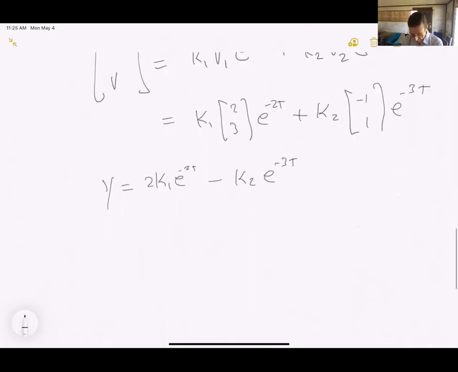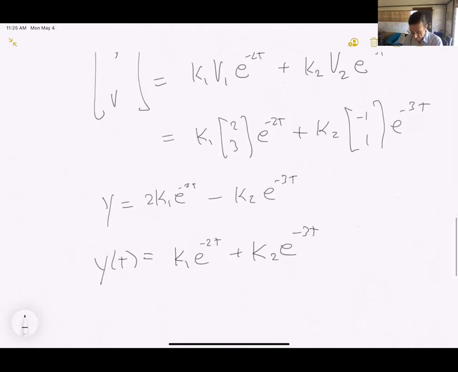So for the general solution, we don't even have to write the 2 and the -1. It's just some number k1 times e to the -2t plus some other number times e to the -3t. We never actually have to solve for v1 and v2 if we just want the general solution for one of those functions.